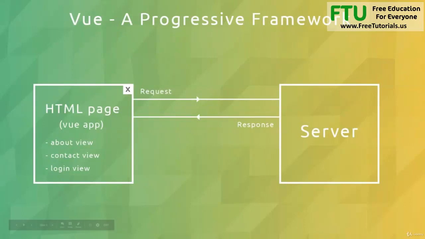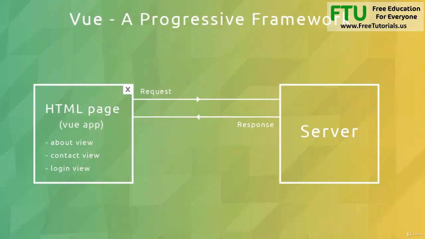Now, in contrast to that, if we create a web application with Vue.js, the flow is typically going to look something like this. A user still visits a URL in the first instance to create a request to the server. The server then sends a response, which is a HTML page. Only this time, inside the HTML page, we have our Vue app. And then when this fires and starts up, the Vue application takes over the whole front end, right?